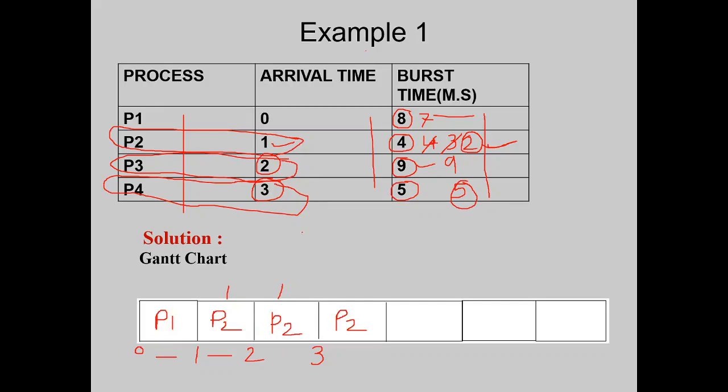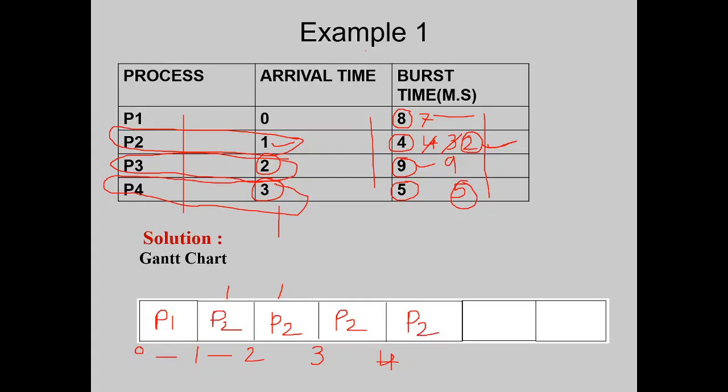Now you can check out at unit 4, which process has come. There are no other processes which have come. So you need to complete this process P2. P2 is already executing and there is no other process which has come. Now in this case you need to complete the full execution of P2 because the CPU is with P2.